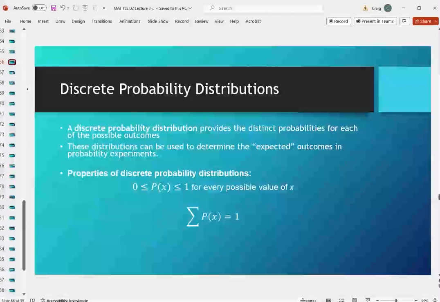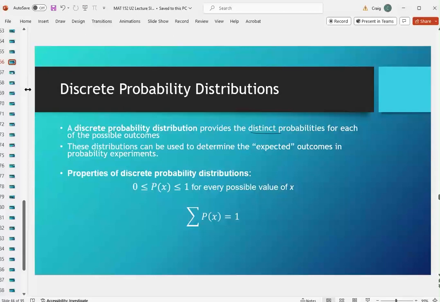A probability distribution is kind of what it sounds like. It is just much like a frequency distribution, right? It's just a distribution of the probabilities based on all of the possible outcomes. It just provides whatever the distinct probability is for each of the outcomes that are possible. And you know which outcomes are possible because you can count them. They're discrete.